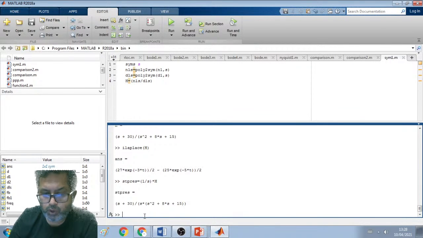Step response in time t is equal to ilaplace of step res.